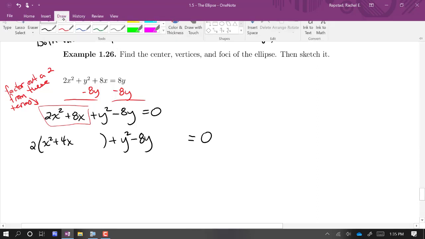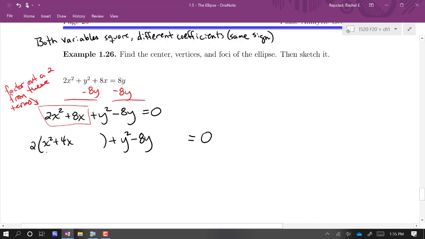Now I'm going to complete the square, and for the x's, I'm completing the square just on this expression here. Right, so the coefficient on x there is 4. I'm going to cut that in half and then square it. So plus 2 squared. It looks like I've just added 2 squared, but that 2 squared is inside parentheses being multiplied by 2.